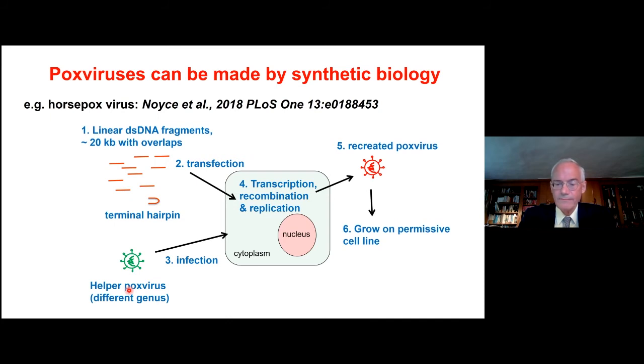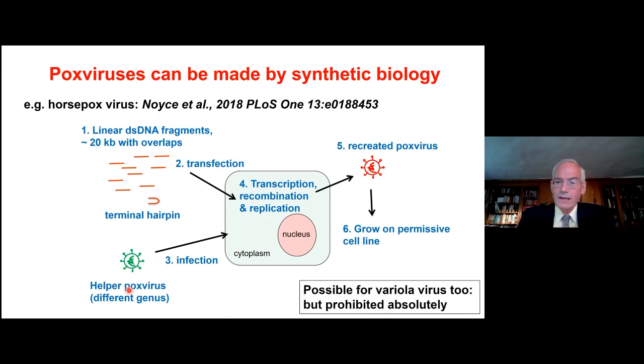So this was done for horsepox, and so it can be done for other orthopox viruses also, including variola virus. Though, of course, this is absolutely prohibited. But nonetheless, because this is theoretically possible, it is always possible that someone might recreate variola virus, and therefore the threat of smallpox can never be eradicated.